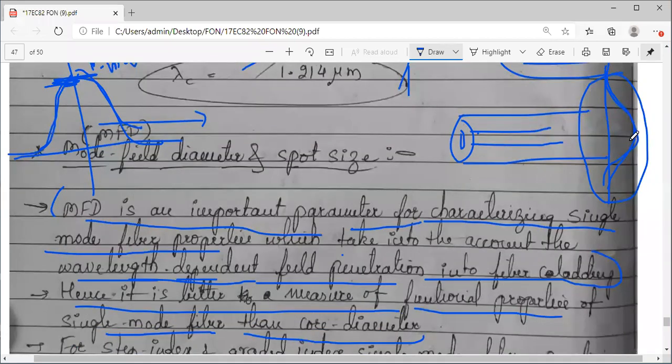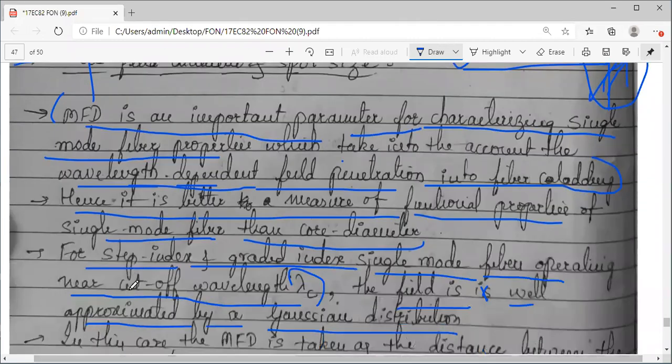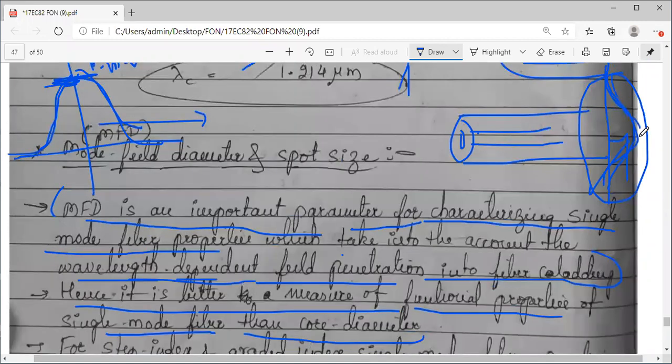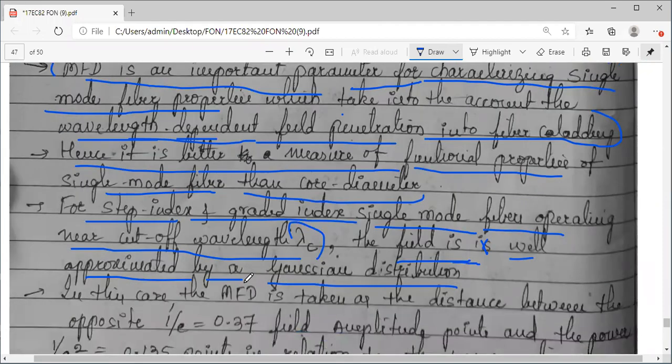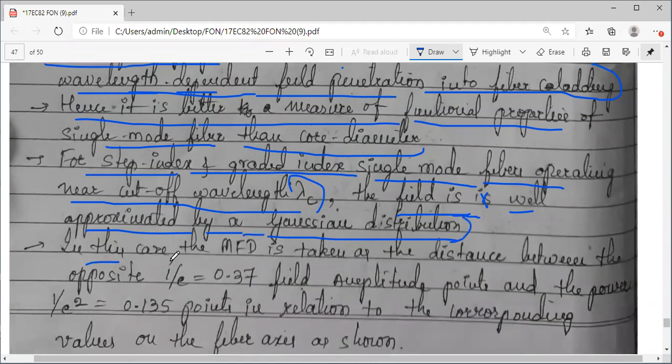Whatever field distribution you come across for this particular fiber, probably it's a step index or graded index, but single mode fibers, we can approximate this field distribution by a Gaussian distribution.